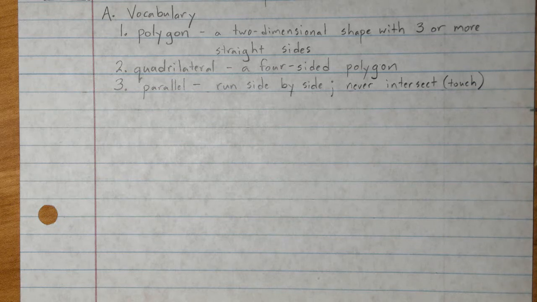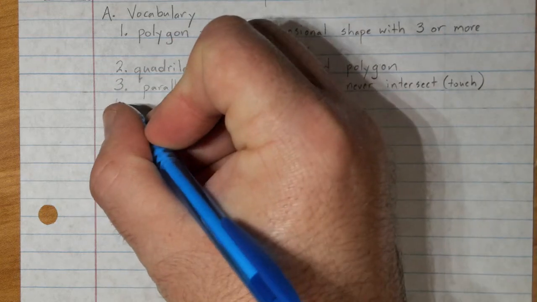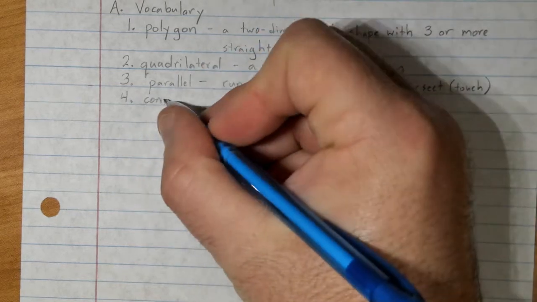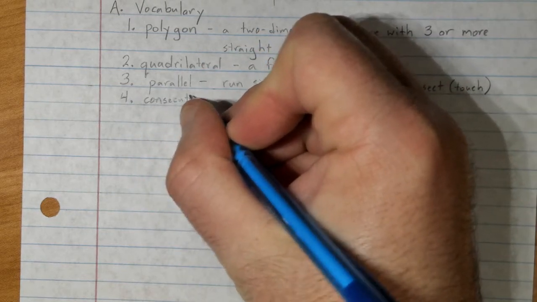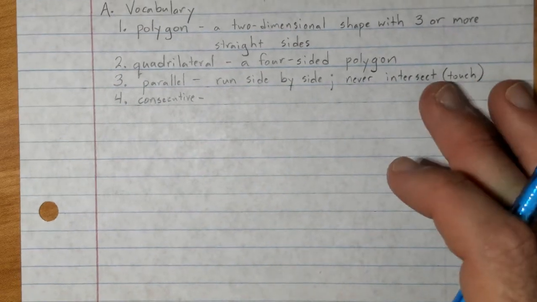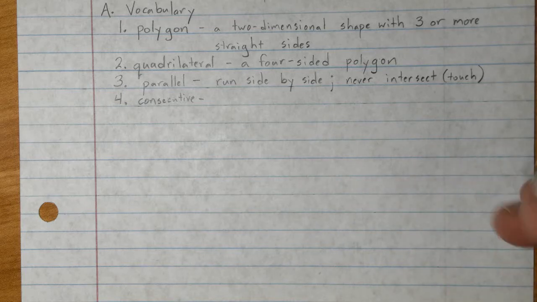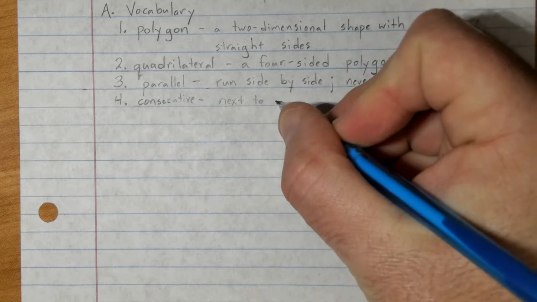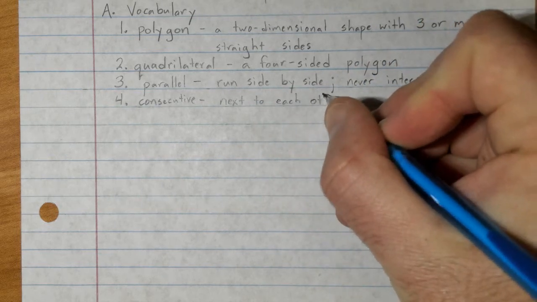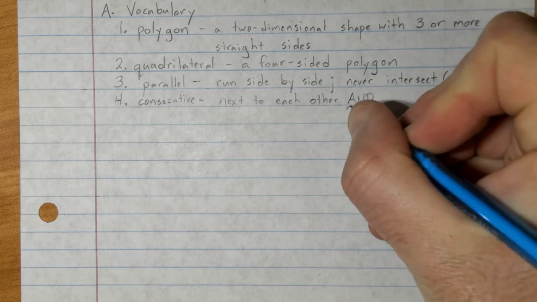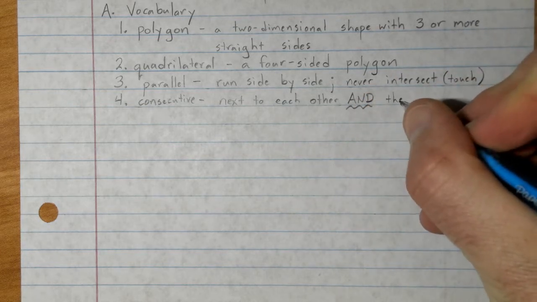They never touch. Now we are going to contrast this. We're going to look at the differences between that and when sides, when lines, when line segments are consecutive. Okay? When we talk about consecutive sides, consecutive lines, they are next to each other, and they touch.